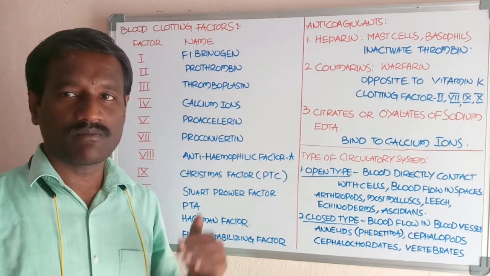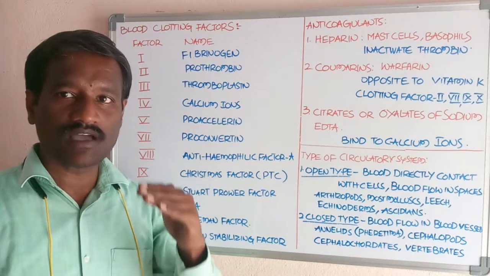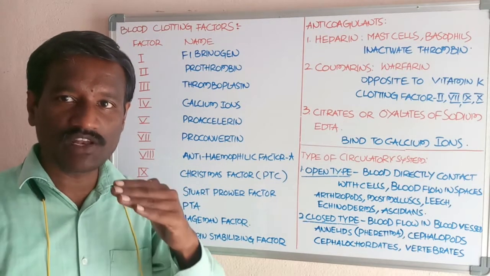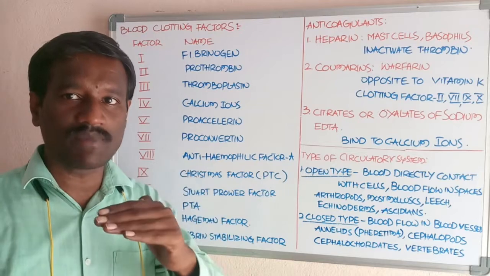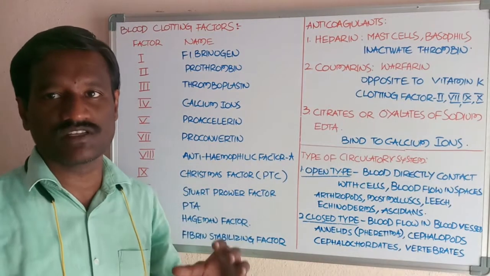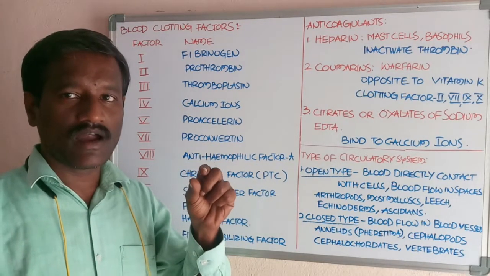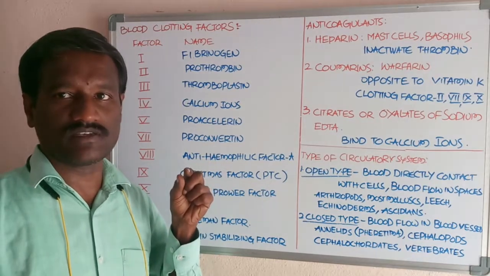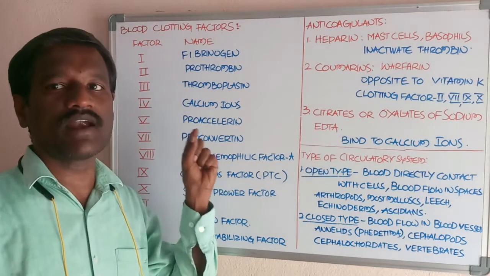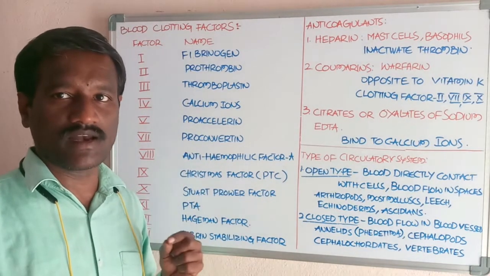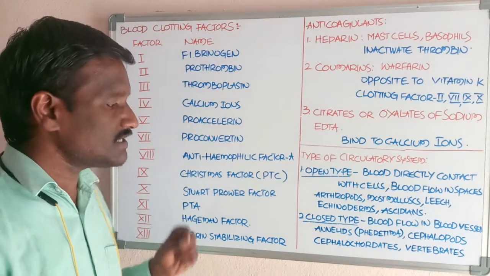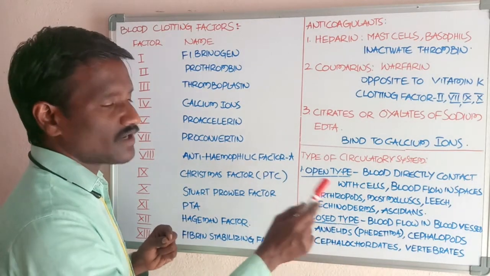Blood vessels are arteries, arterioles, and venules. Arterioles, venules are blood capillaries at the tissue region, and then into the veins. Veins supply the blood towards the heart finally. Okay, this type of system is called closed type circulatory system.